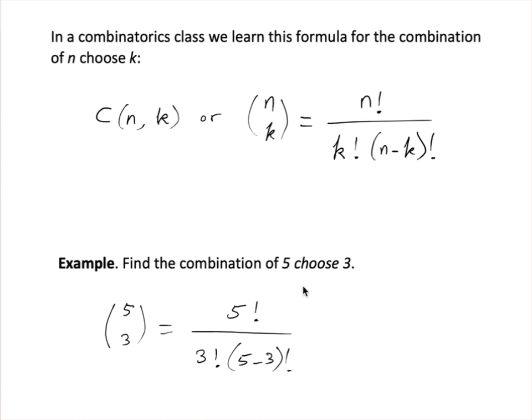So here's an example. Find the combination of 5 choose 3. That makes 5 factorial divided by 3 factorial times 5 minus 3 factorial, which is, let me rewrite it this way, 5 factorial divided by 3 factorial times 2 factorial. 5 minus 3 is 2.